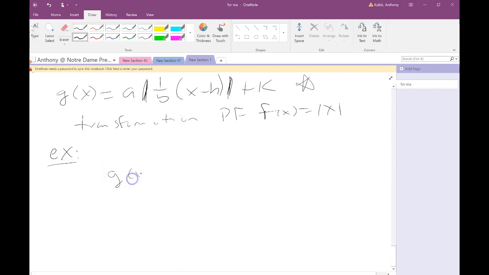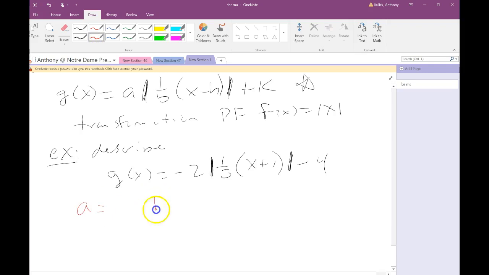So for example, if we had something like this, and I want to describe this, I just start by identifying the value for a, b, h, and k, just using this general form up here.